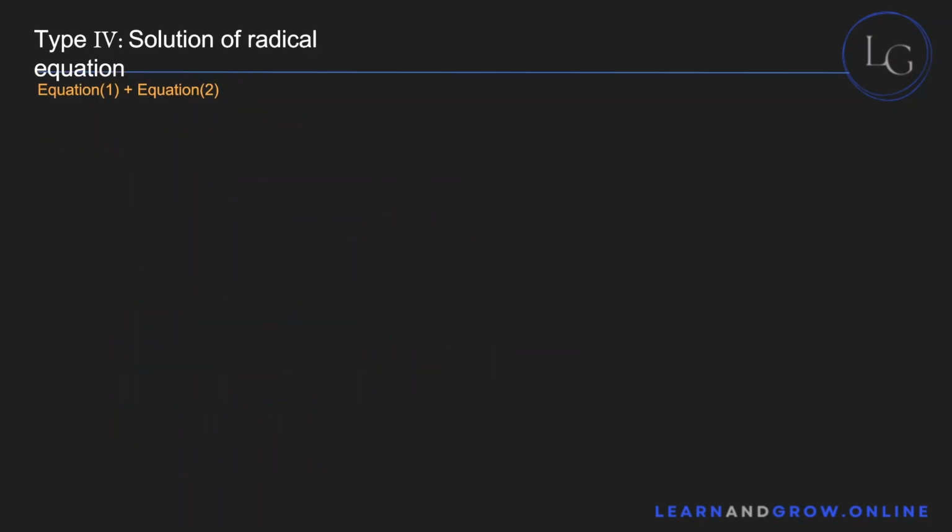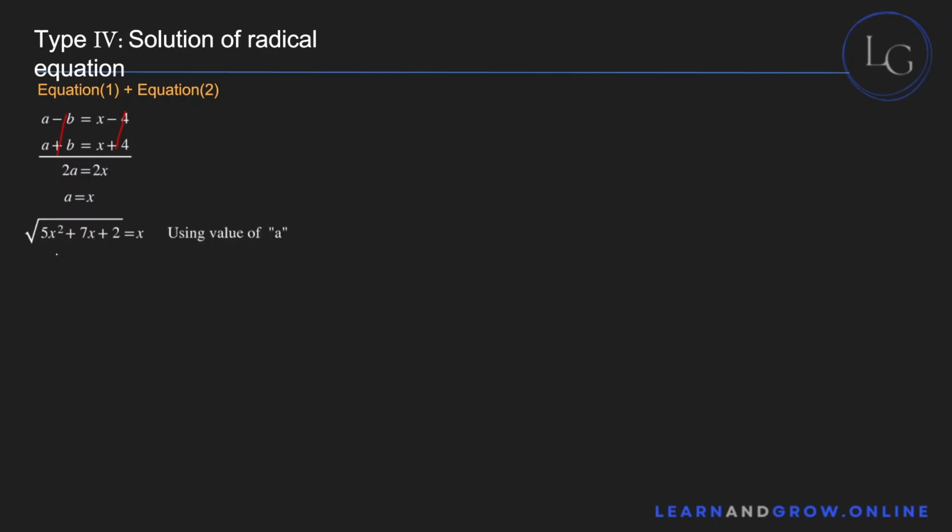So what you'll do here is, since we know that a minus b is equal to x minus 4, that is equation 1, and we have equation 2, a plus b is equal to x plus 4, we can cancel minus b and plus b, and we can cancel minus 4 and plus 4. And you can add up these two a's and these two x's, and you'll get 2a is equal to 2x, and that means a is equal to x.